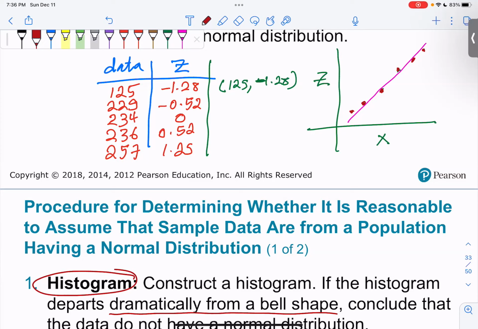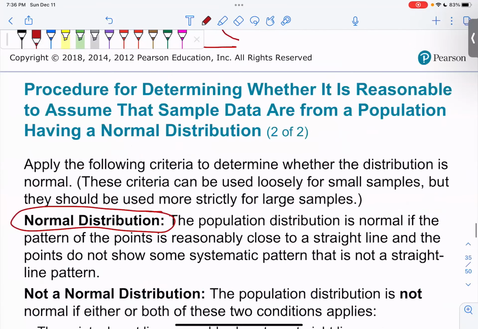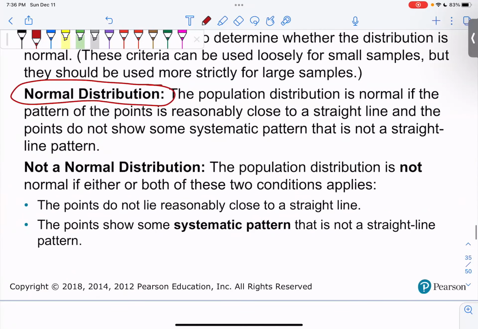The second condition is that the dots must be distributed randomly around the straight line, so they don't show any pattern.